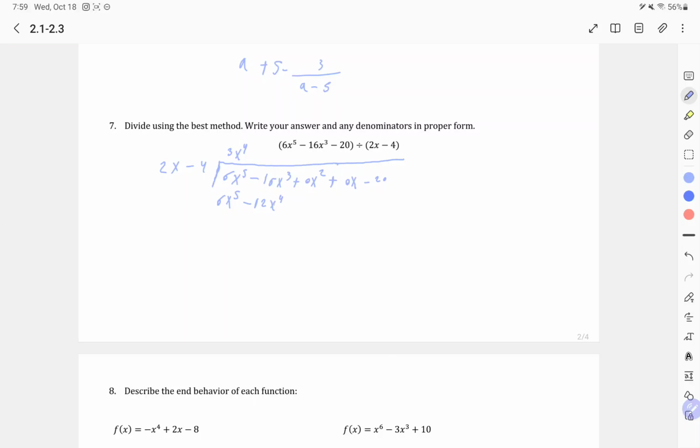And what that gives us is, as you can see, oh, that's too long of a line, 12x to what? Wait, okay, that's crazy. Wait, no it doesn't.